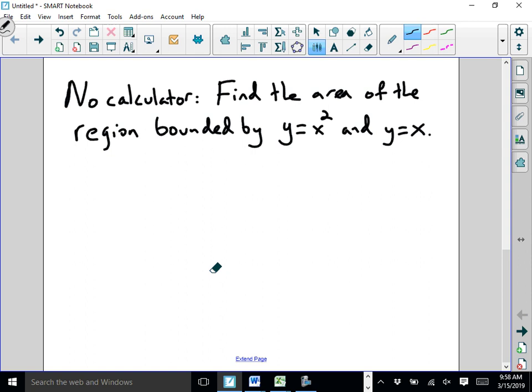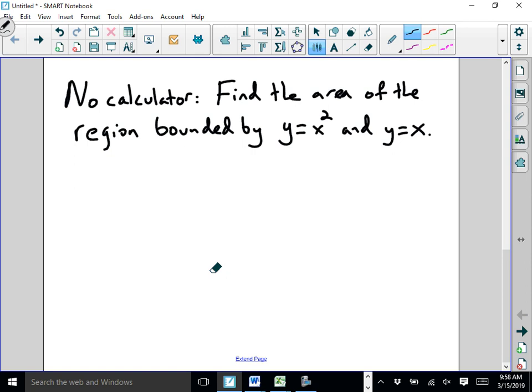So those are my two functions. They'll create a boundary, and there'll be a region bounded by these two functions, and I need to figure out the area of that region. I'm going to do the integral left to right of top minus bottom.